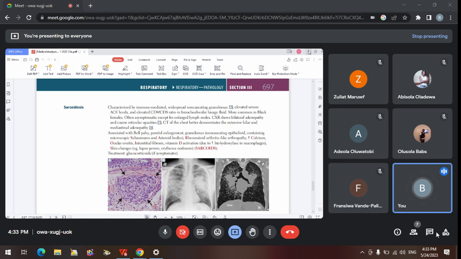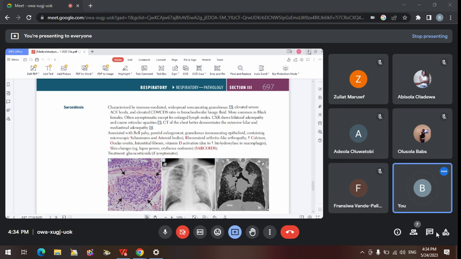Okay, there are some metabolic changes that happen due to this granulomatous reaction in sarcoidosis. Number one, there's elevated activity of the ACE enzyme. So the angiotensin converting enzyme is released from those granulomas and it's been studied to be elevated in people with sarcoidosis. ACE enzyme is actually being produced by those cells, the macrophages and the lymphocytes within the granuloma. So it's elevated.